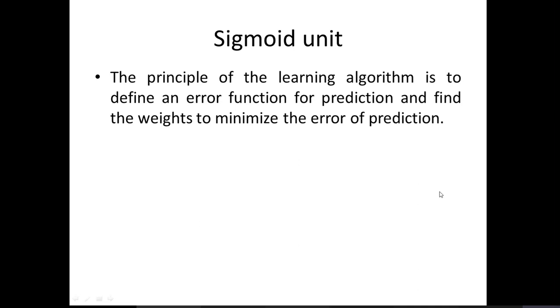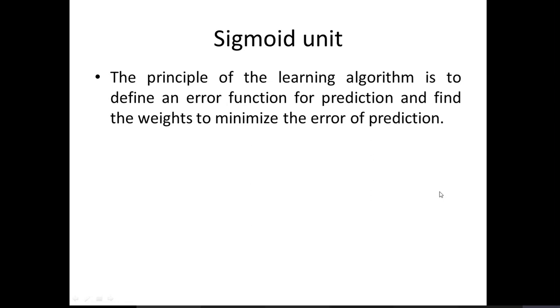So here the principle of the learning algorithm is to define an error function for the prediction and find the weights to minimize the error of the prediction. So we know that for every input sample and for a given set of parameters or weights of the model, the model predicts the label as 1 or 0.